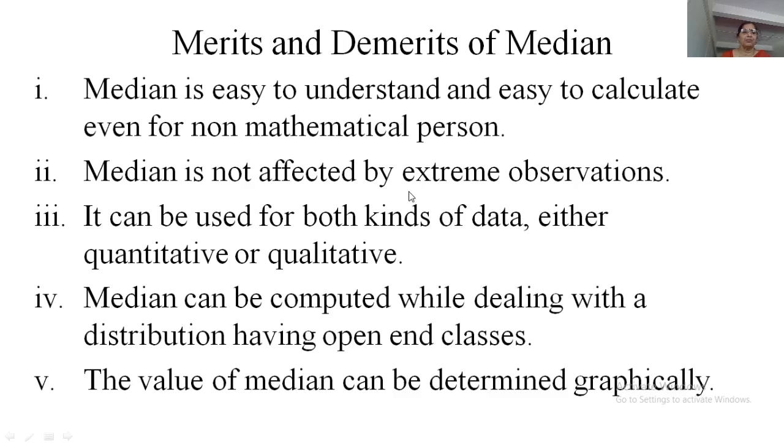We don't consider the things which are on both ends. At the extremities, we don't look at what types of observations are at the lower end or at the upper end. So median is a measure of central tendency which is absolutely not affected by extreme observations.